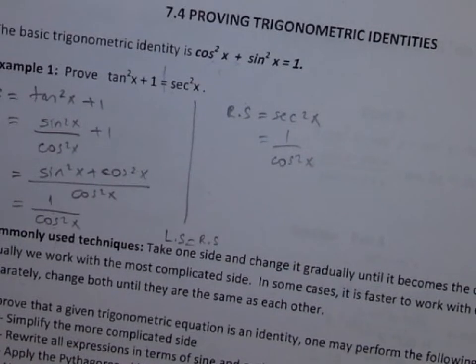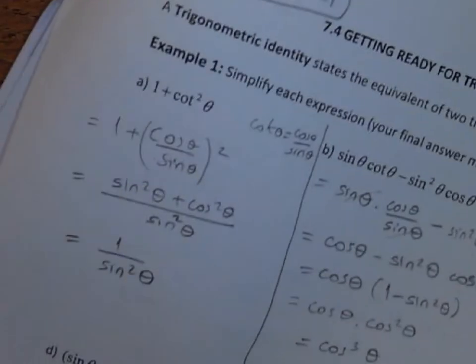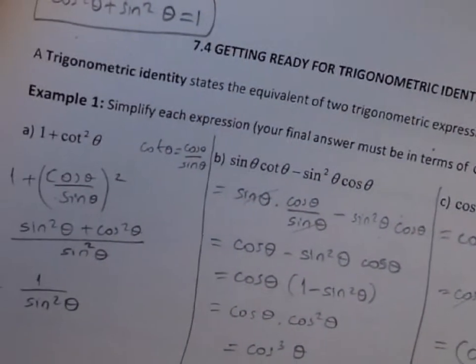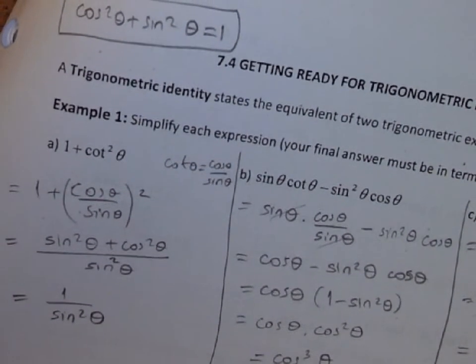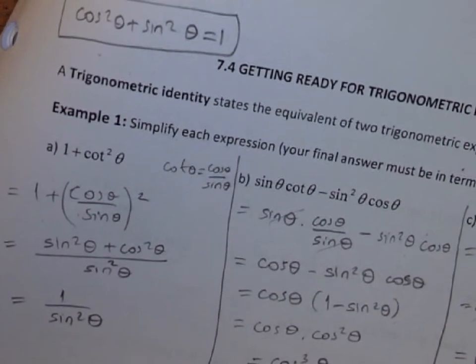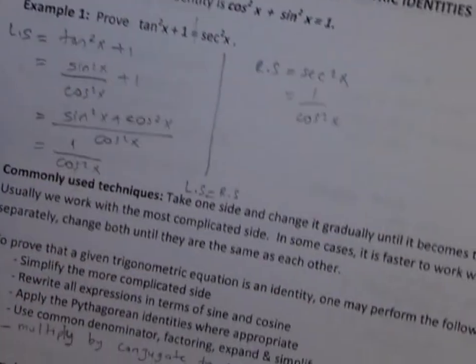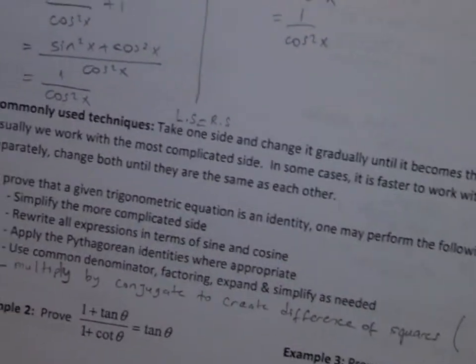It will say prove. But don't mix it up with the previous questions. These are not equations. This is not proving. This is simplifying, writing everything in terms of sine and cosine and simplifying. But the other ones are usually going to be prove.